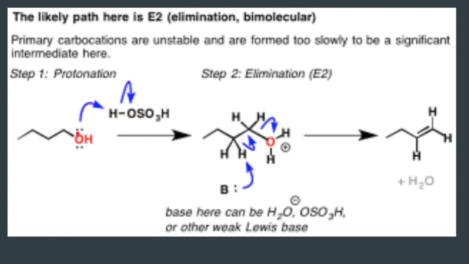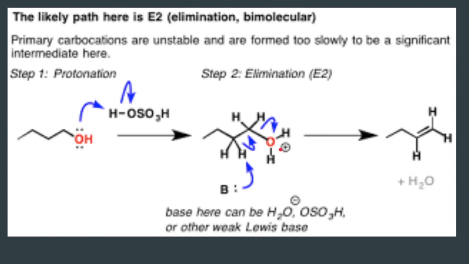The oxygen is going to form a bond with that hydrogen, and it's going to form this positively charged water molecule, which is a good leaving group. So now a base can come in. The base can take a hydrogen off, and when it does, the electrons are pushed until they get to the leaving group, and a water molecule is going to leave.